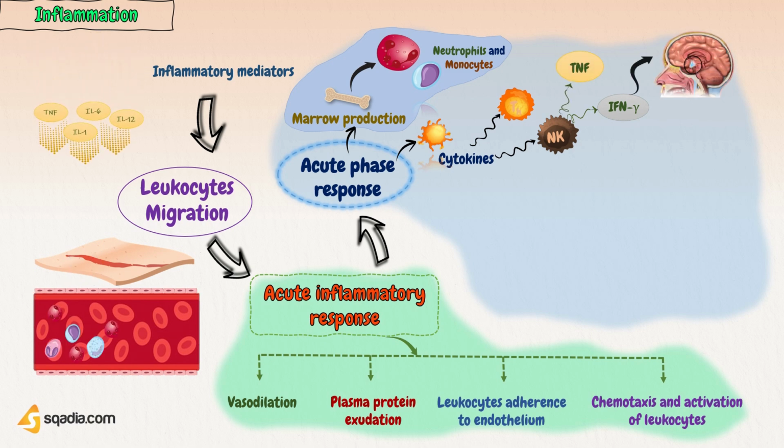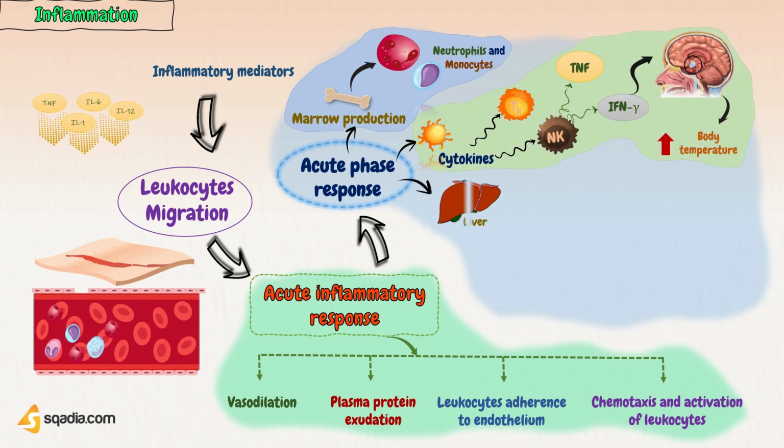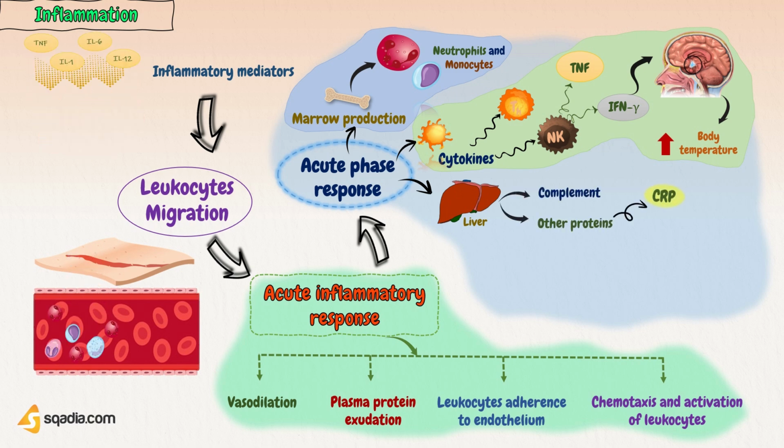This interferon gamma has a direct effect on the hypothalamus and increases the body temperature and can cause fever, which impairs pathogen reproduction. In the acute phase response, the liver is also stimulated to produce complement and other proteins, mainly C-reactive protein, CRP.